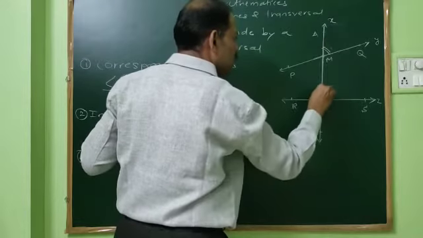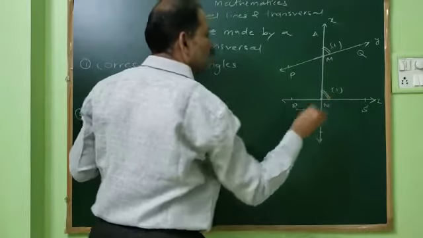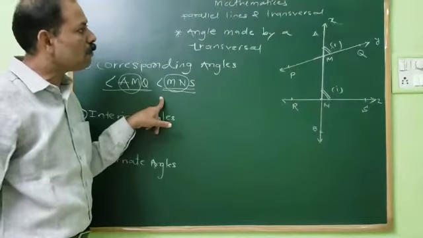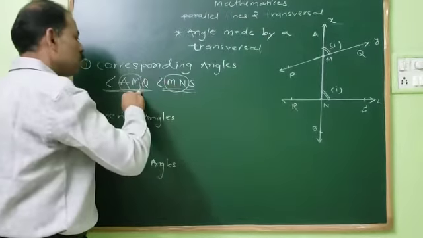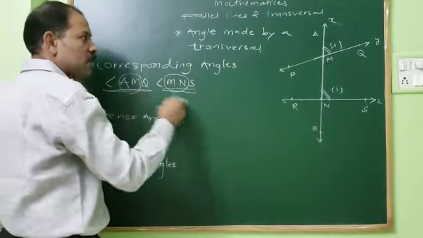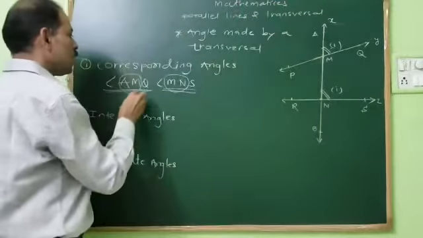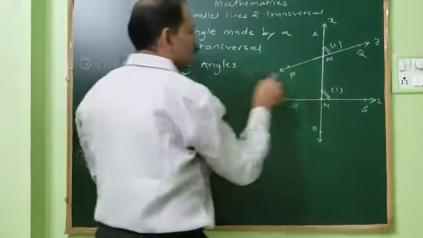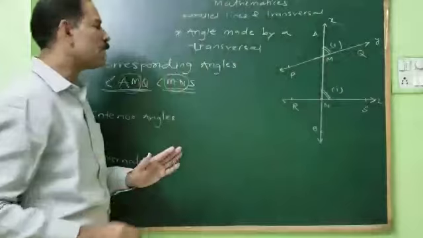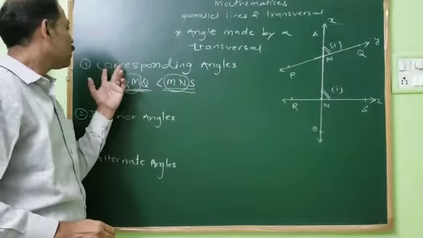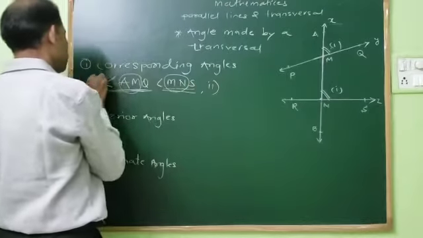This is the first pair, in which the arms of this pair of angles are in the same direction of the transversal, and the other arms MQ and NS are in the same direction of the transversal. Then the pair of angles is called corresponding angles. Another pair, here I write the second pair. This is the first pair.